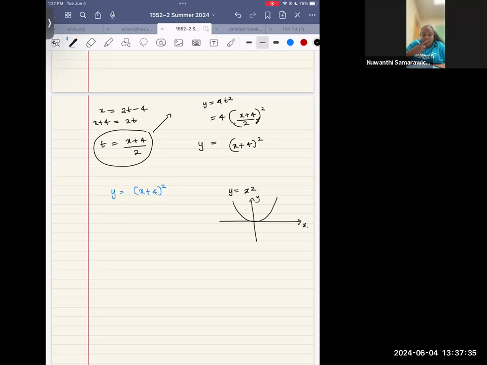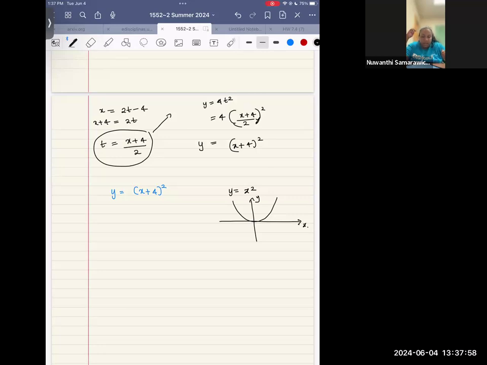Okay. Now here you have x plus 4. Then what is this? It's a transformation, right? So is it a horizontal shift or a vertical shift here? When you add x plus 4 inside, this is a horizontal shift.